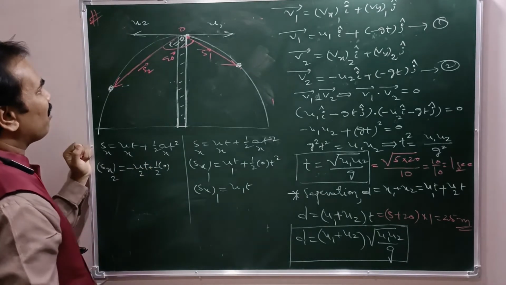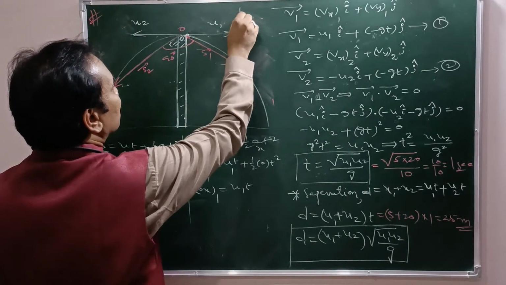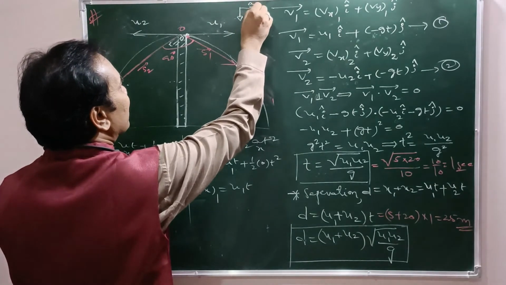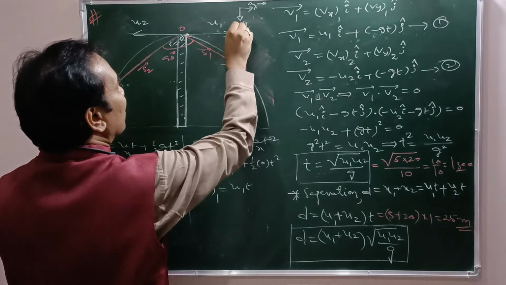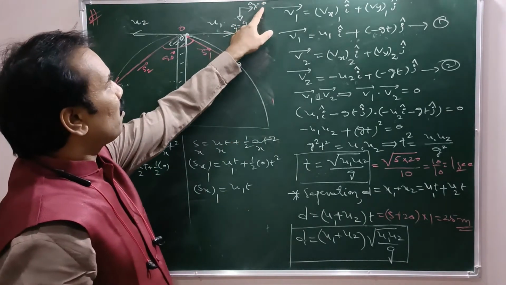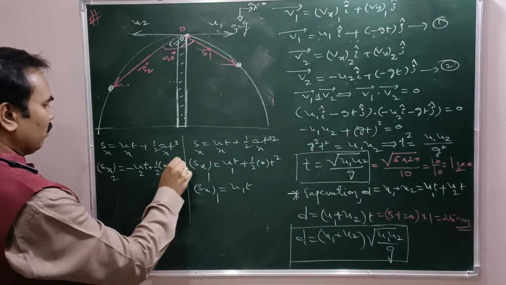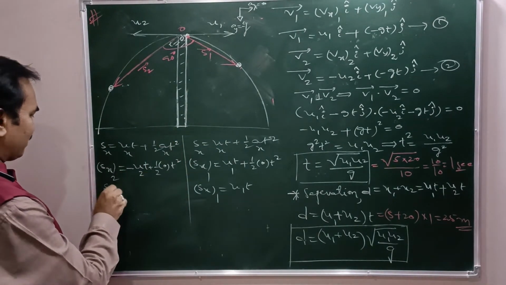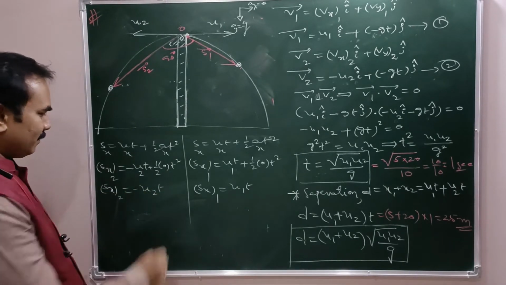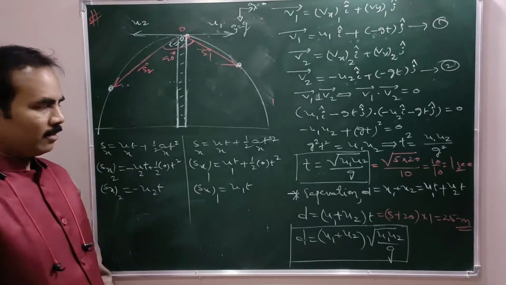There is no acceleration along x-axis. See, acceleration is always acting downwards; along x, acceleration is 0. Ax is 0, ay is minus g. That is Sx2 equal to minus u2 into t. Here u1 into t, here minus u2 into t.